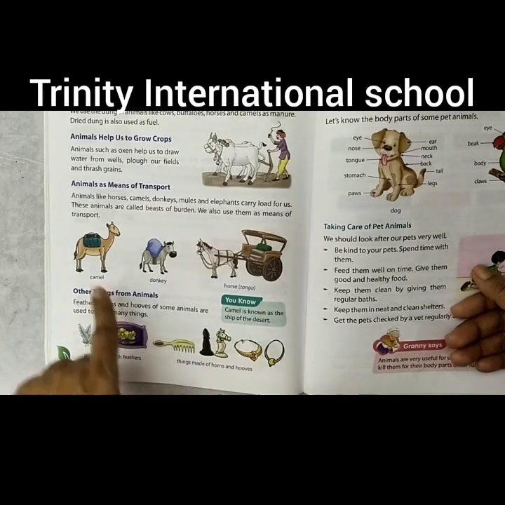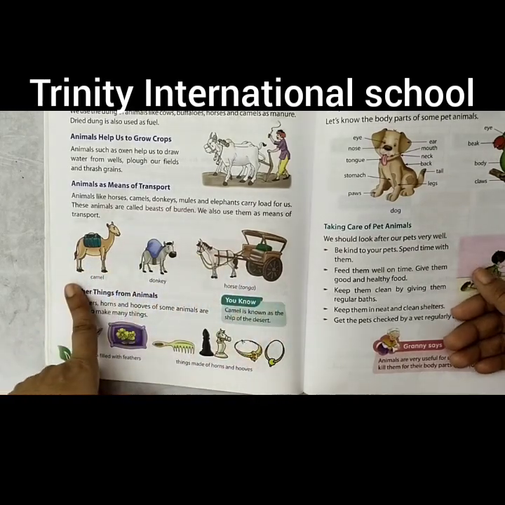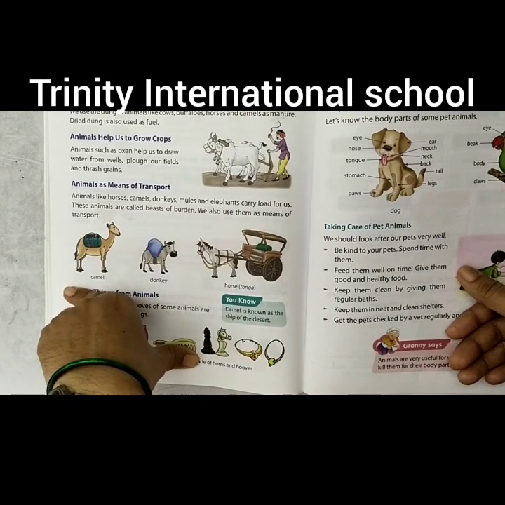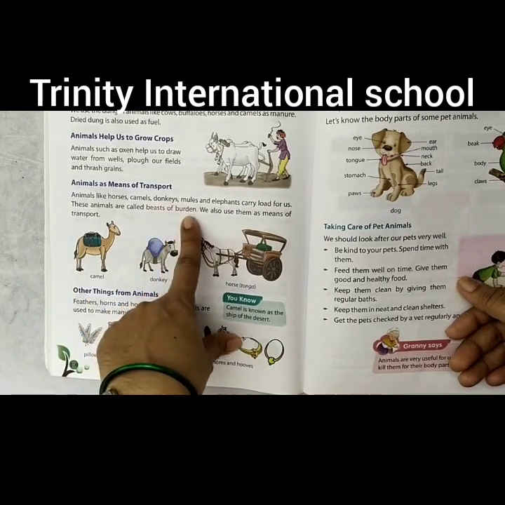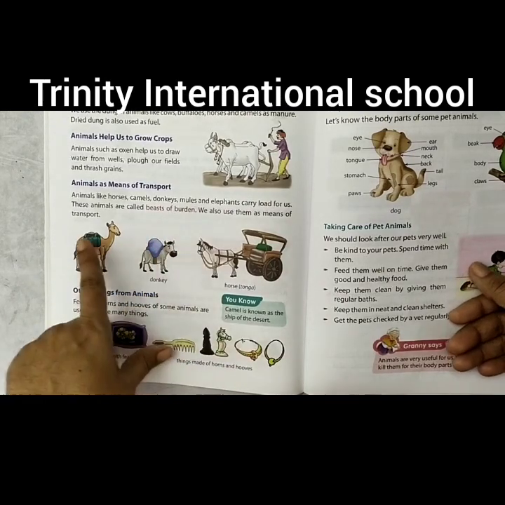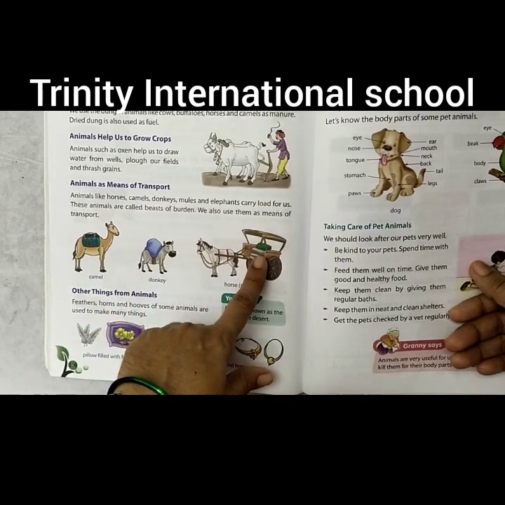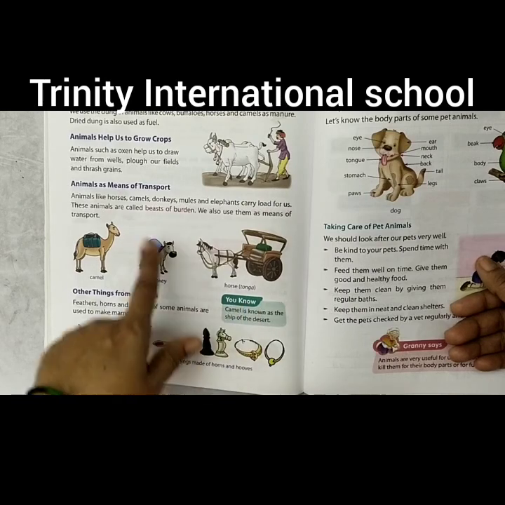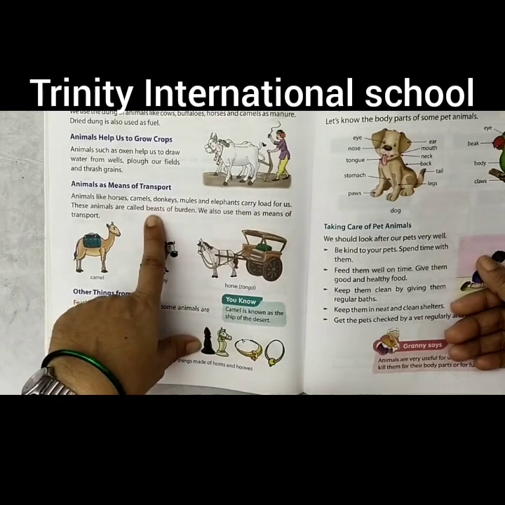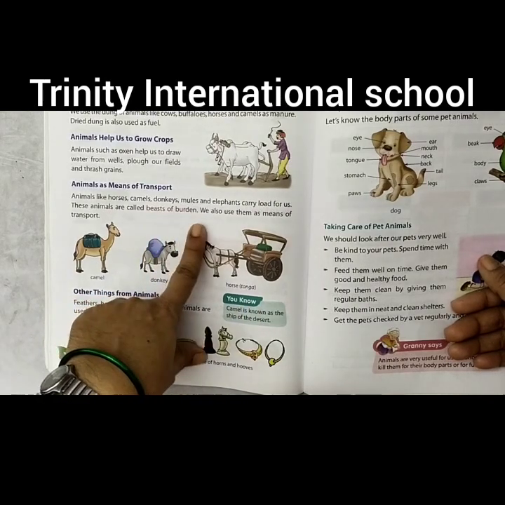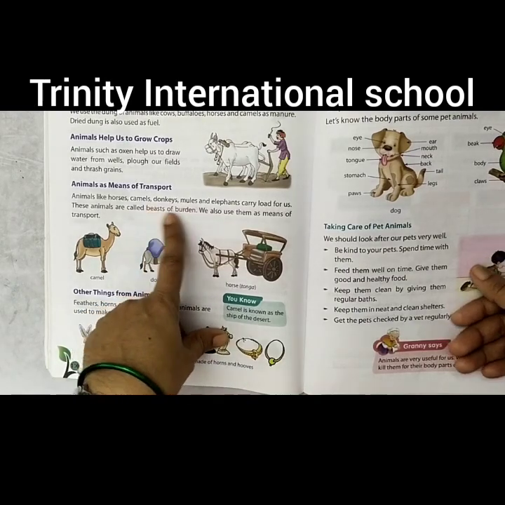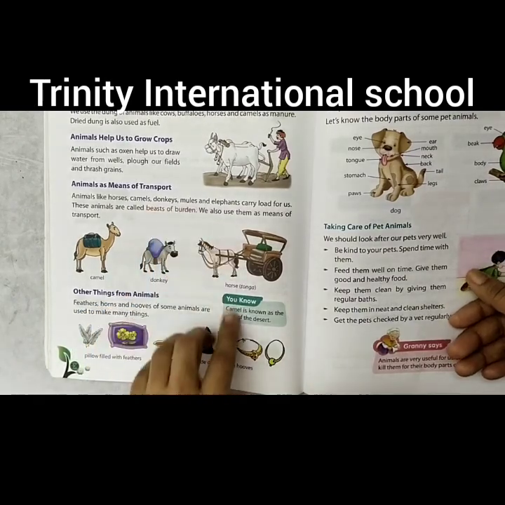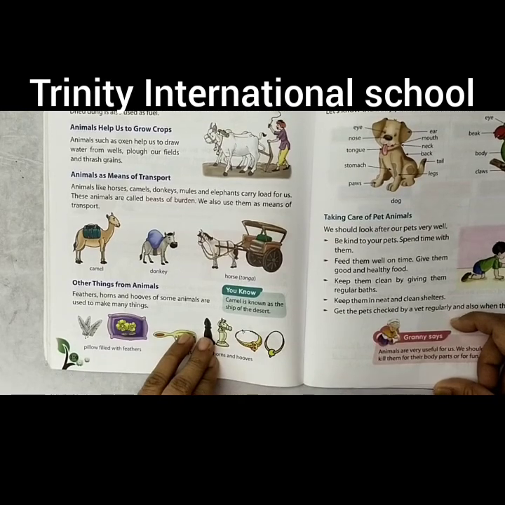Okay, so another name of these animals which are carrying loads is beasts of burden. तो जो एनिमल्स हमारे ट्रांसपोर्ट के काम में आता है और लोड को कैरी करने के काम में आता है, उनको हम क्या कहते हैं? बीस्ट्स ऑफ बर्डन. Okay, the other name for these animals is beast of burden.